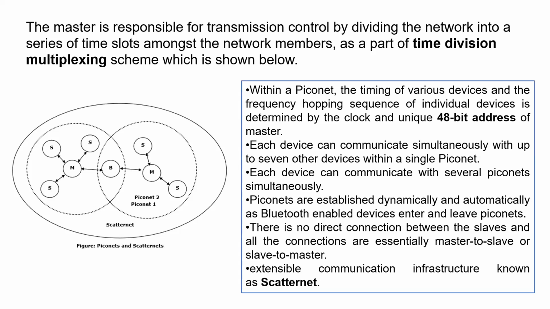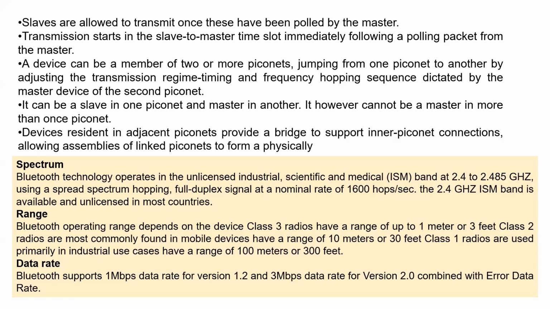As I told you, there is no direct connection between slaves. All connections are essentially through the master. The extensible infrastructure can be obtained by connecting together these piconets to form the scatternet. So this is the basic architecture that you have to remember.